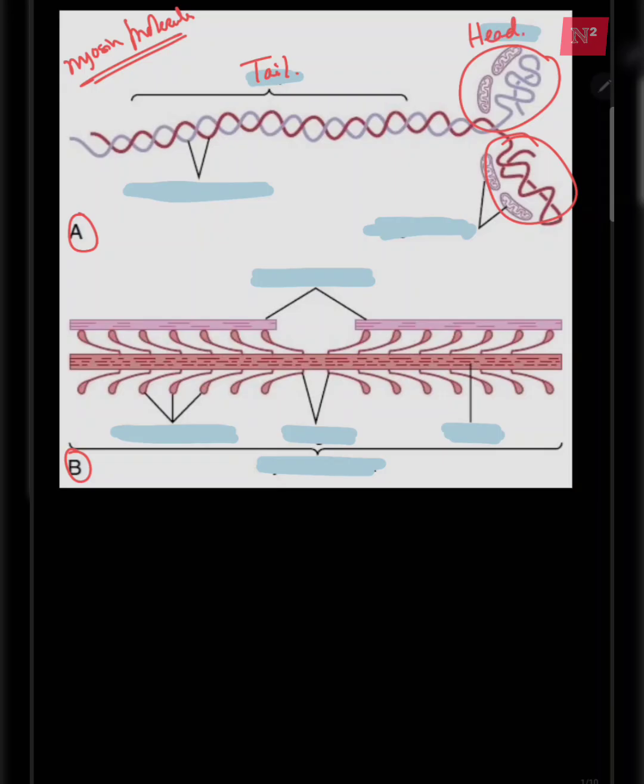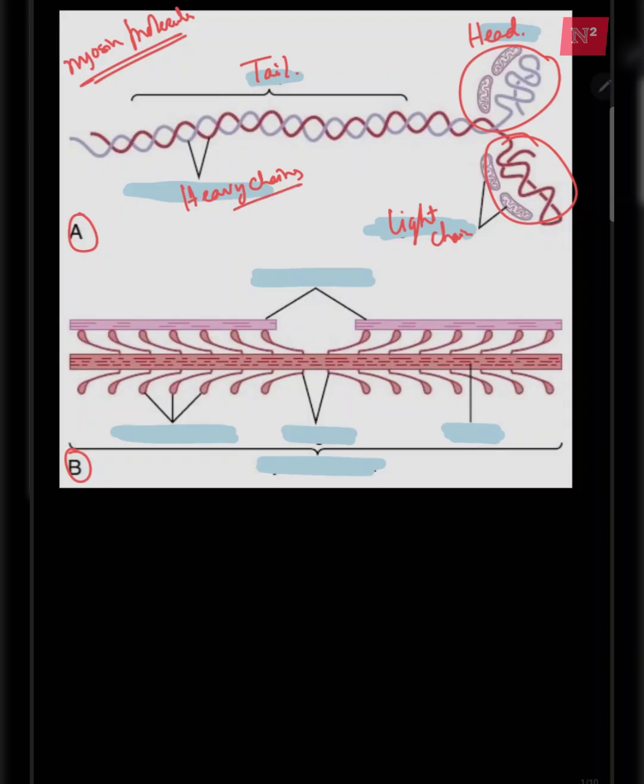Now inside the head there are strands of protein molecules in an entangled manner. Along with that we have a light chain, and these are the heavy chains. So this is a myosin molecule.